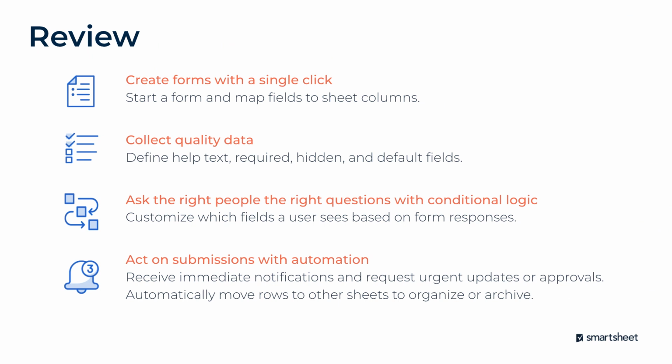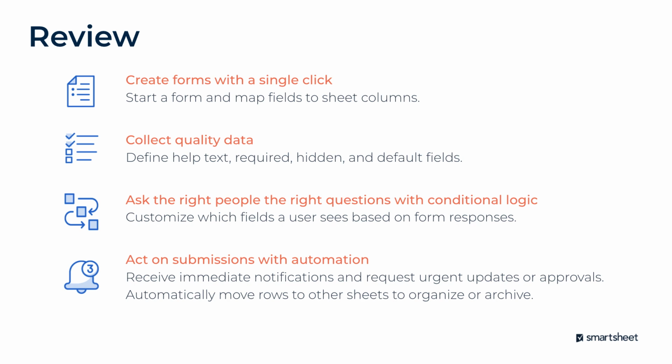Today, we reviewed a lot of content, but I especially wanted to call out a few points. We saw how we can create forms with a single click and build them out by mapping the fields that exist as columns on a sheet, as well as how we can create new columns if they didn't exist on that sheet to support things that we're trying to answer with the forms.